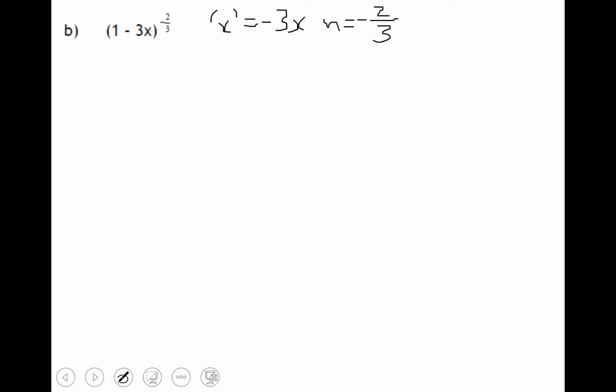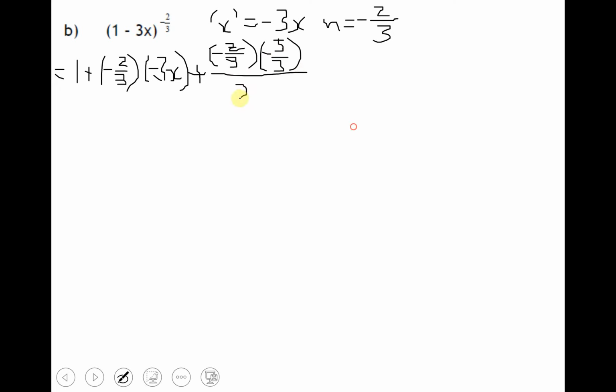So sticking it into the formula, 1 plus nx is minus 2/3 times minus 3x, plus n times n minus 1, so that's minus 2/3. 1 less than minus 2/3 is minus 5/3, over 2 factorial, times minus 3x all squared.